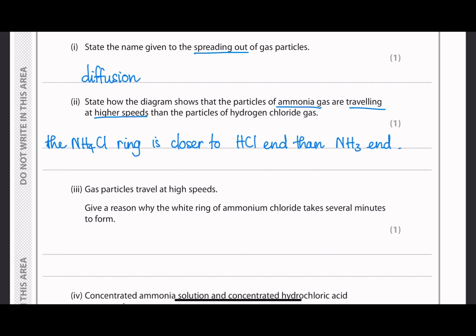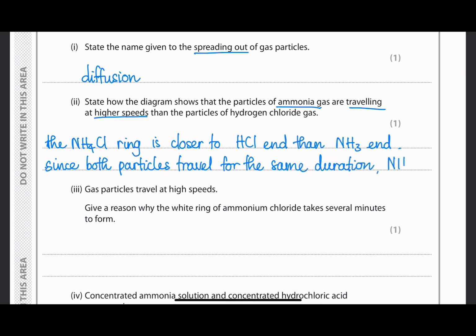It's also important in this question to emphasize that they travel for the same amount of time. So that's how we know that the ammonia gas particles travel a longer distance in the same time duration. So that's why we know they travel faster.